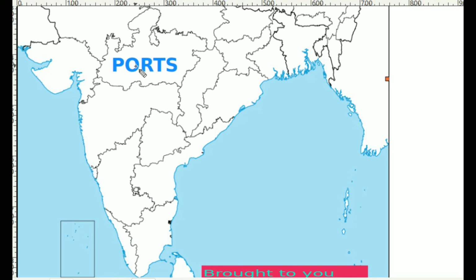Now marking the ports, important ports of India. First of all, it is Kandla port here in Gujarat. Kandla port is very important port in India, in Gujarat. You can mark here.